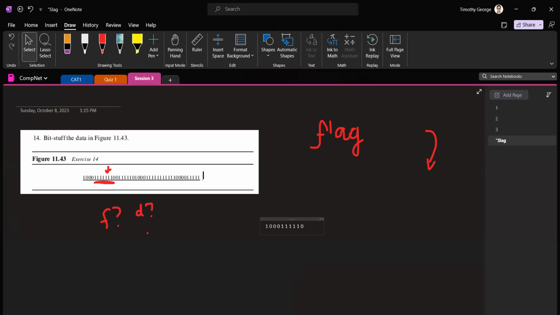Then you can continue. 1 2 3, so 7. So only two more 1s, and that's it. Now you can continue with the 2 zeros. Then again, you have 6 1s. So you write 5 1s, 1 2 3 4 5, put a zero, and then the last one.